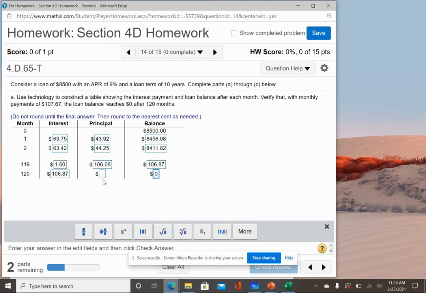And then our interest amount, let's fix this, was 80 cents, followed by the principal amount of 106.87, and then we should be good to go.